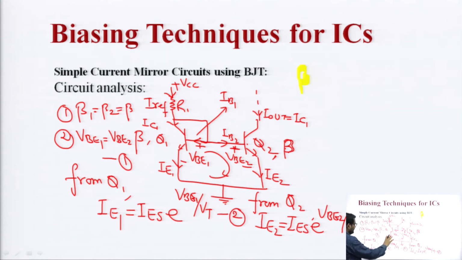Equation 1 is where we apply the inner loop KVL and find VB1 equal to VB2.